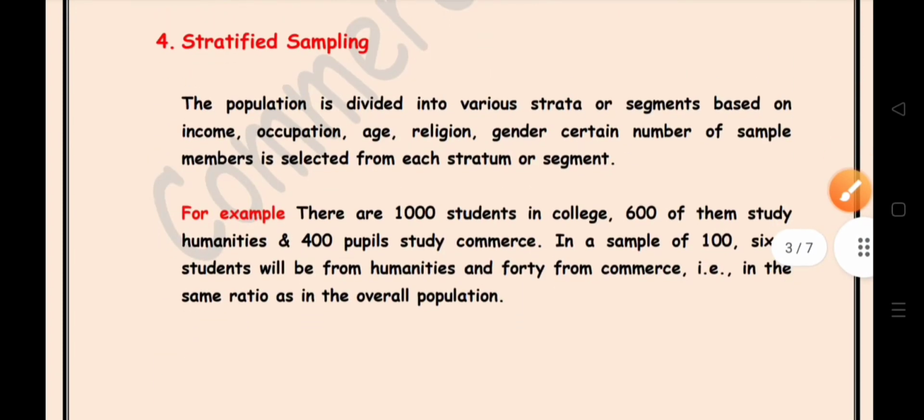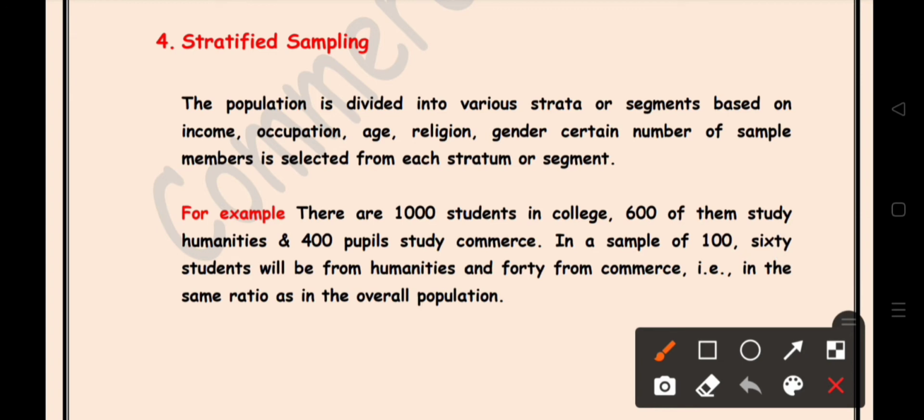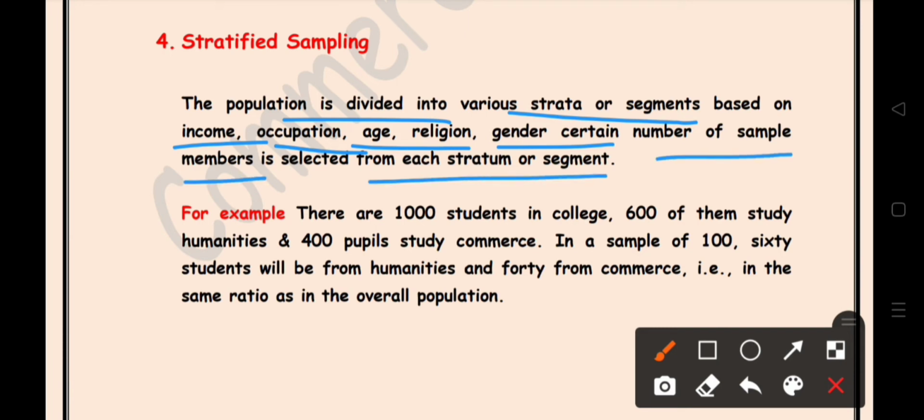Then next, stratified sampling. The population is divided into various strata or segments on income, occupation, age, religion, gender, and a certain number of sample members is allotted to each stratum or segment.